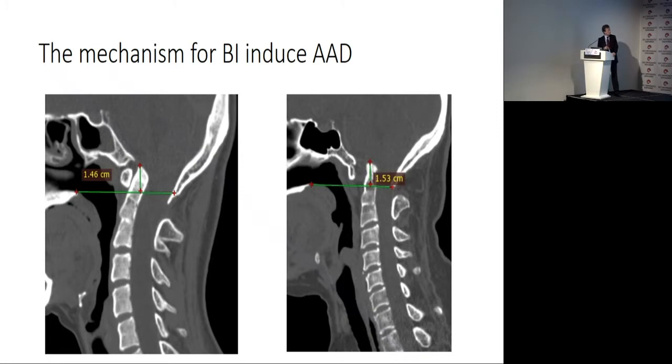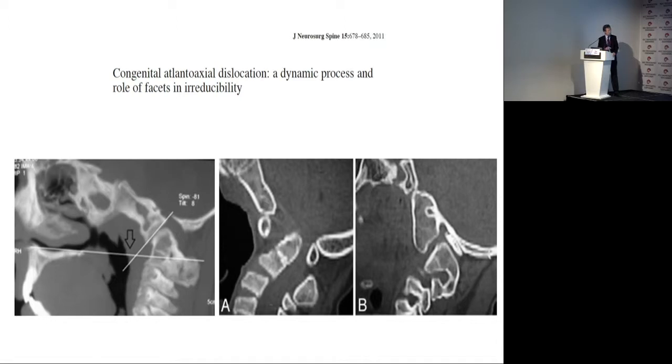Some of the basilar invagination will not have C1, C2 dislocation, but some of the basilar invagination will induce C1, C2 dislocation. Why? There are a lot of other articles, just like the idea of Goel. Salunke also has the same idea.